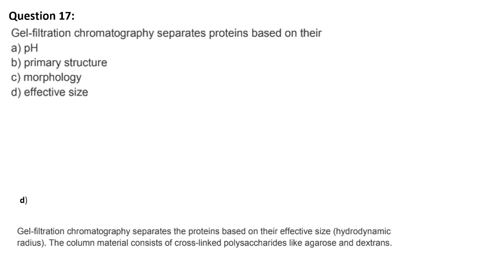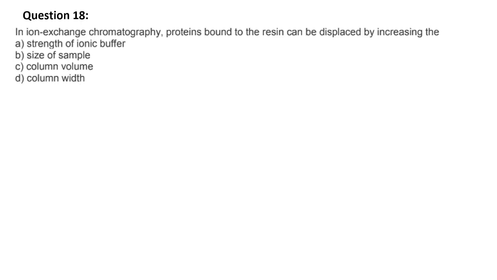So option D is correct. In ion exchange chromatography, proteins bound to resin can be displaced by increasing the strength of ionic buffer, size of the sample, column volume, or column width. So it is the strength of the ionic buffer. In ion exchange chromatography, the protein binds reversibly to the inert resin through ionic bonds. To displace and eventually elute the bound protein, the ionic strength of buffer can be increased. If we increase the ionic strength of buffer, it will elute fast.